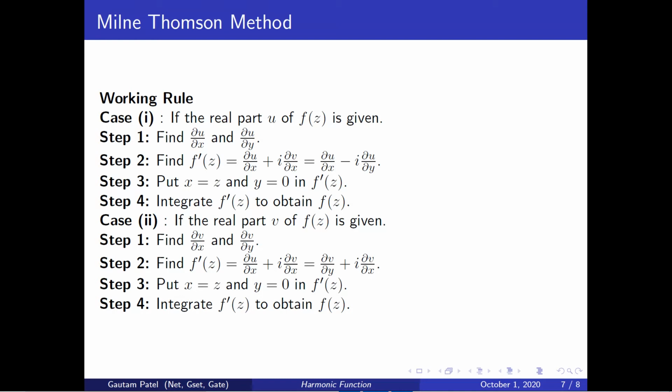Similarly to the previous case, put x equal to z and y equal to 0 in f dash z. Now integrate f dash z with respect to z to obtain f of z. This is the working rule to find the analytic function f of z.